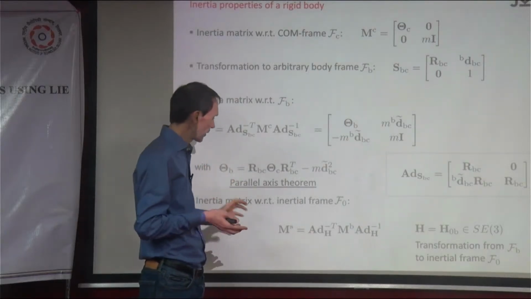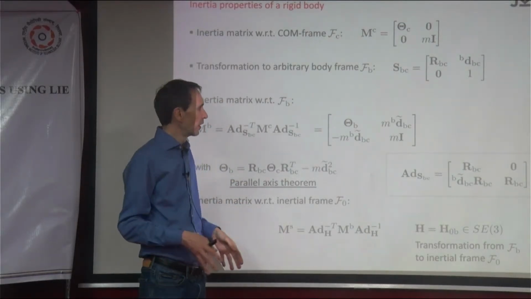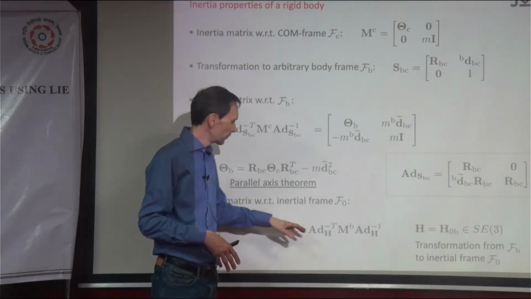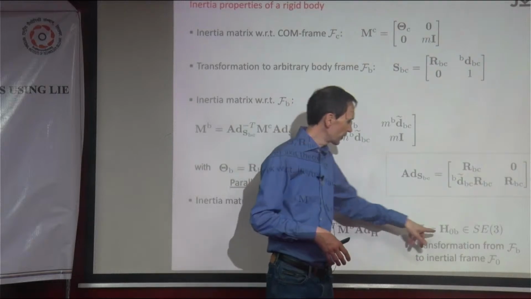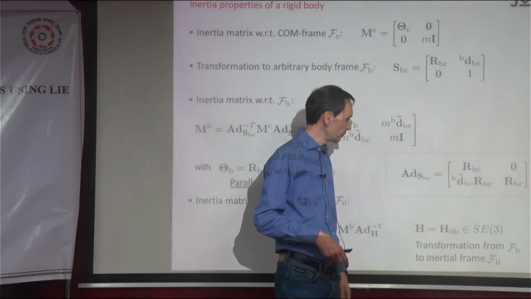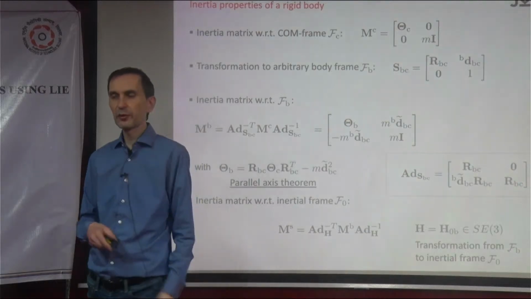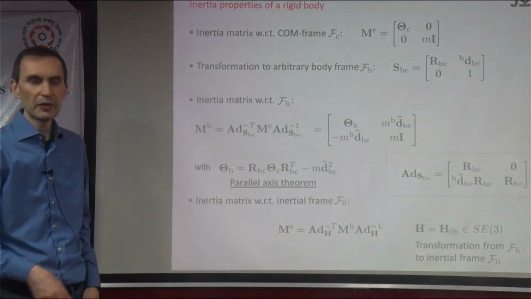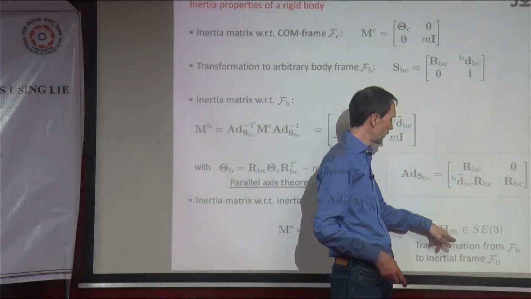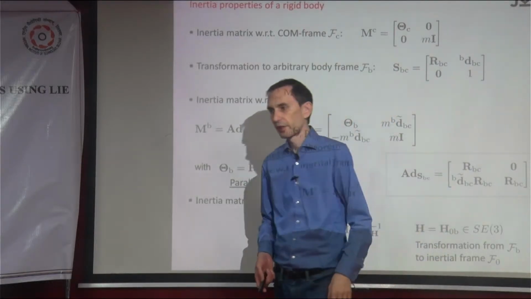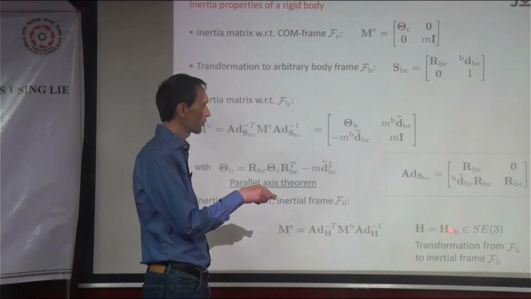For example, I can transform it back to the SpaceX frame, right? Now let's say our body frame, because we didn't have indices here, is related to the SpaceX frame by the transformation H0b. So H0b goes from the body frame to the SpaceX frame, as always. So far maybe we had an index I for body I, but we just have one body.